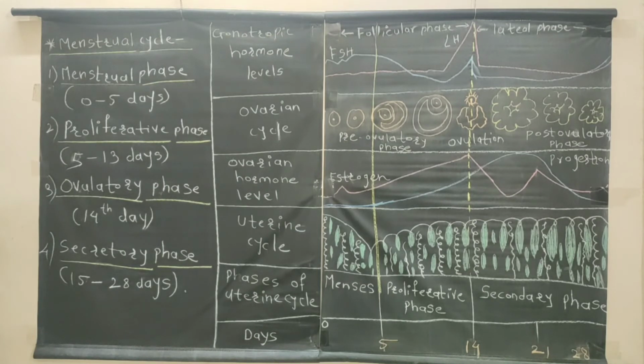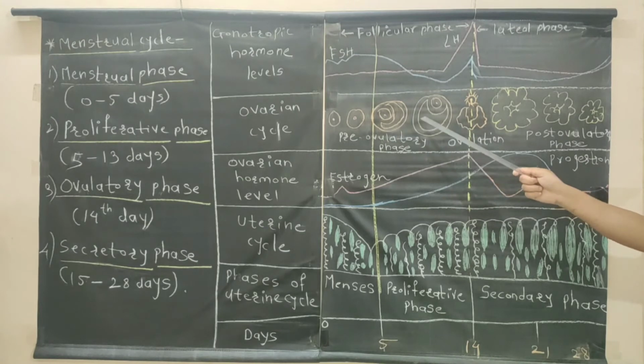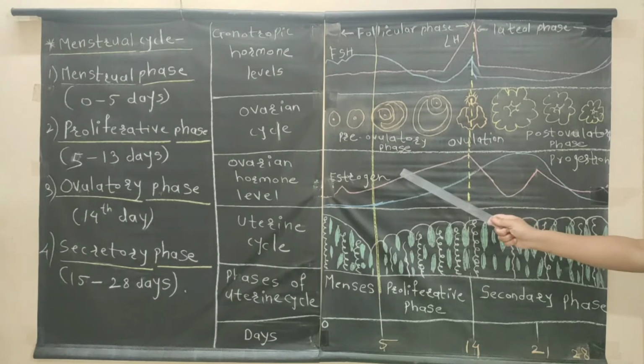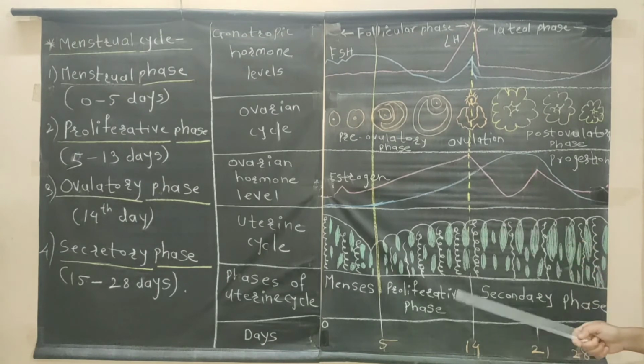Some follicles get converted into a mature follicle, that is a Graafian follicle, and the remaining follicles degenerate, and this degeneration is called atresia. In the ovarian hormone level, estrogen and progesterone both hormones increase.